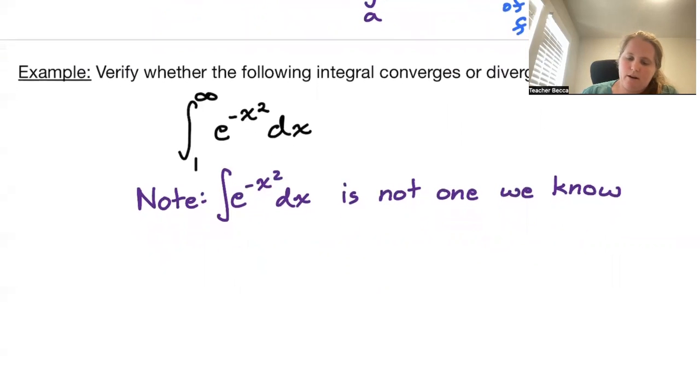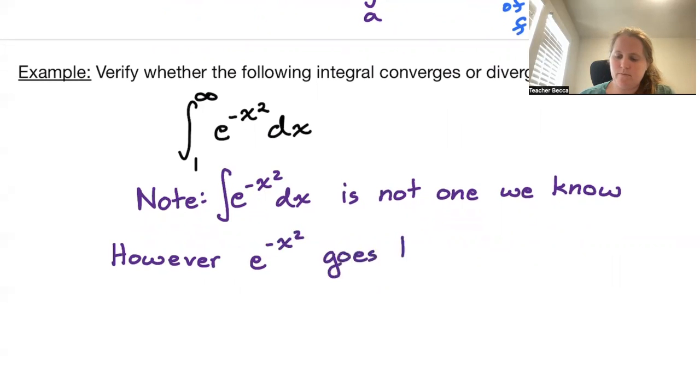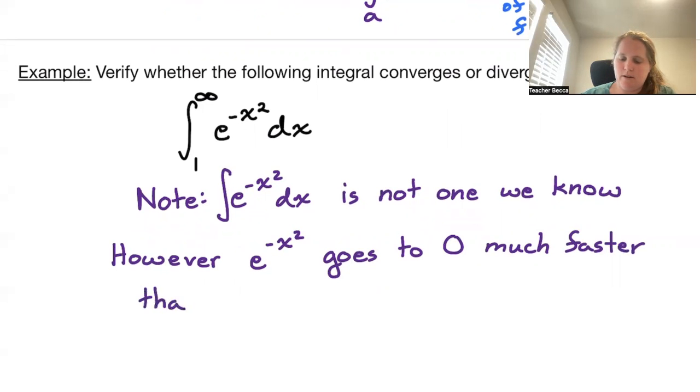However, e to the negative x squared goes to 0 much faster than 1 over x squared.